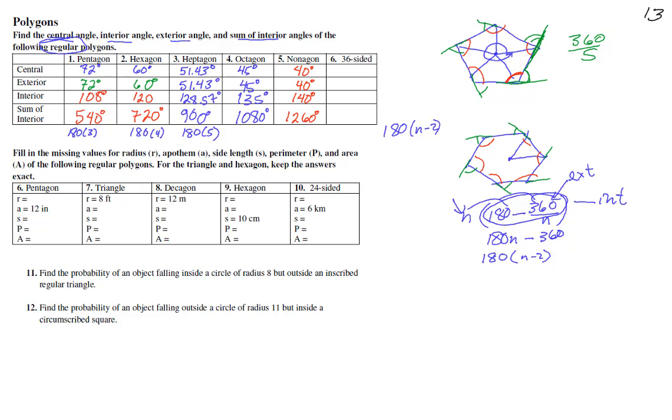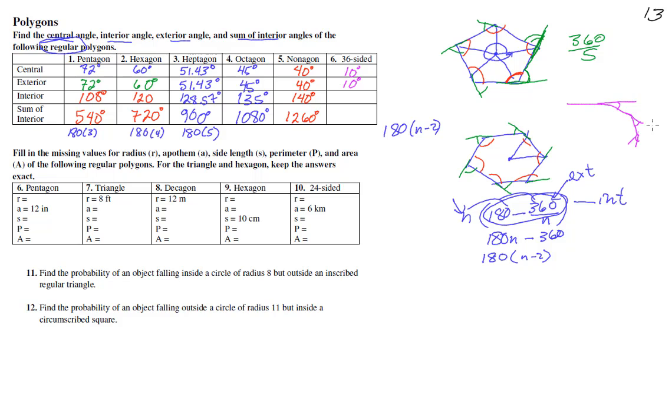All right, for the last one, I'm not sure I'm going to be able to do it all in my head, but let's try it. 360 degrees divided by 36. So the central angle, each side only gets 10 degrees because there are 36 sides out there. And then the exterior angle is going to be 10 degrees. And again, I just draw a couple of these. It's like this. So this is going to be 10 degrees, and then that's going to be 10 degrees, and then as it turns again, that's going to be 10 degrees.